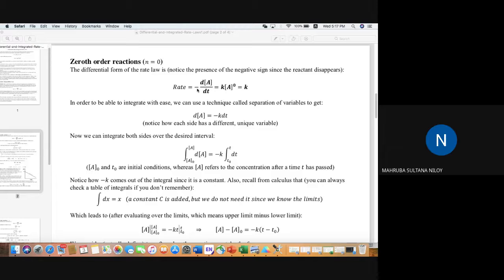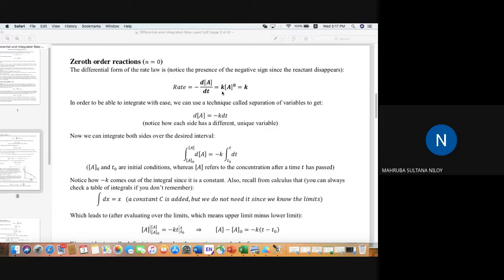And we all know that the rate of the reaction is proportional to the concentration, right? Yes, sir. So when we write this proportionality, we use an equal sign and put a constant. So here k is the constant. Is it clear? Yes, it is.